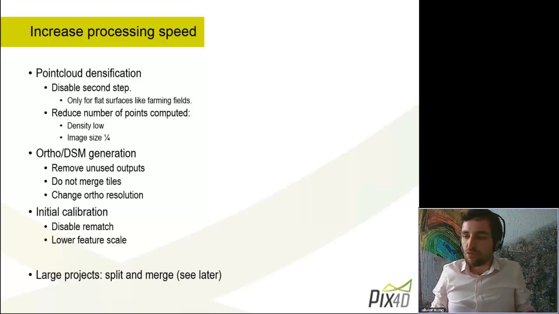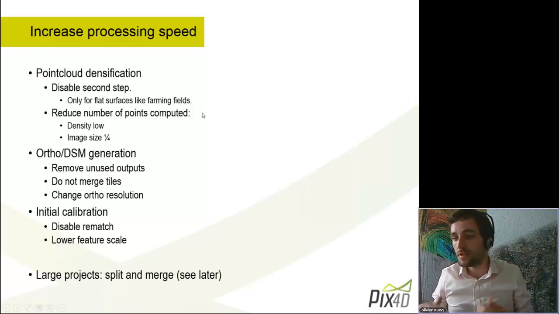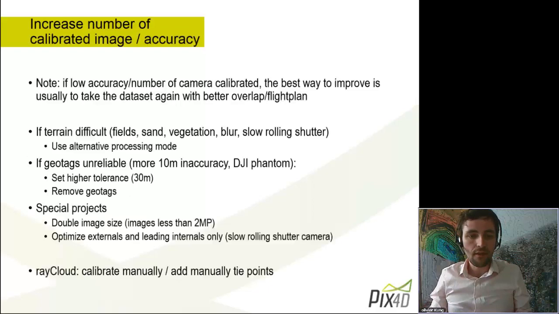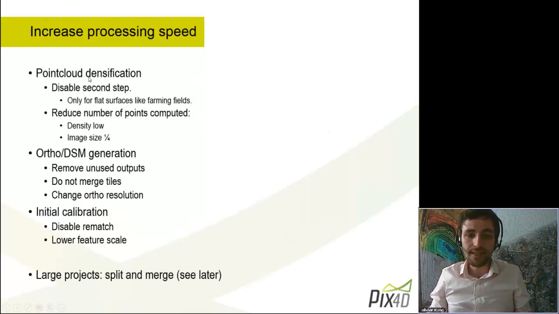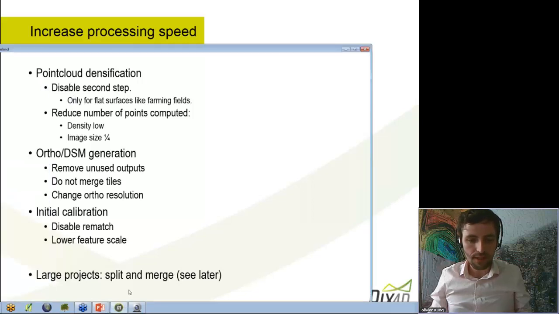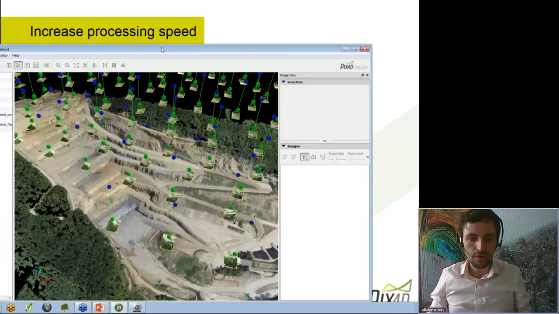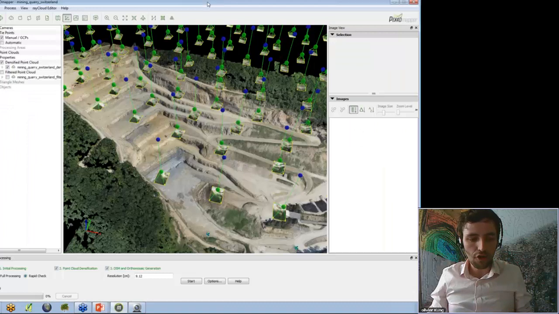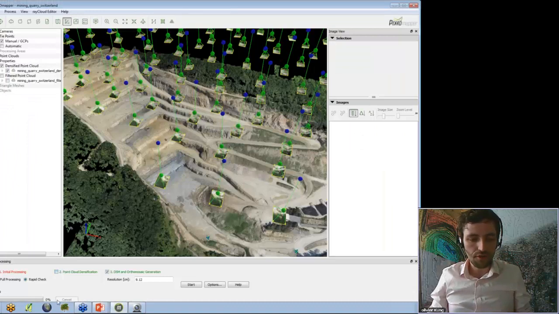So if in your project you're not very interested in the 3D and you're most interested in getting a quick auto mosaic, if you have a very, very flat surface, like for instance farming fields, crops, then you may disable the second step entirely. You would do that basically by, in the software, unchecking the second part and then starting the processing.